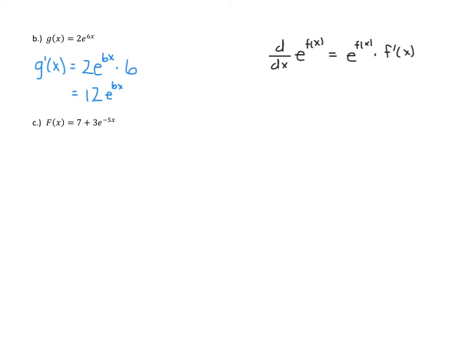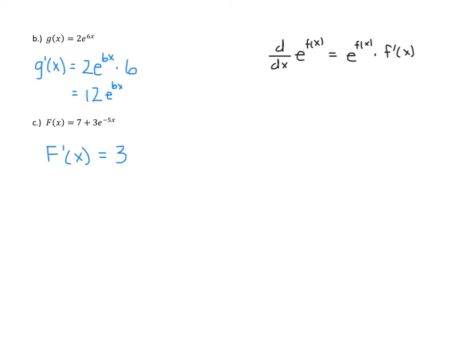Part C, we have the function capital F of x equal to 7 plus 3 times e to the negative 5x. So f prime of x then, our first term is 7, well the derivative of a constant is 0. Moving on to the next term, the 3 times e to the negative 5x. When we take the derivative, we can carry a constant along with us. Now we're taking the derivative of e to the negative 5x.